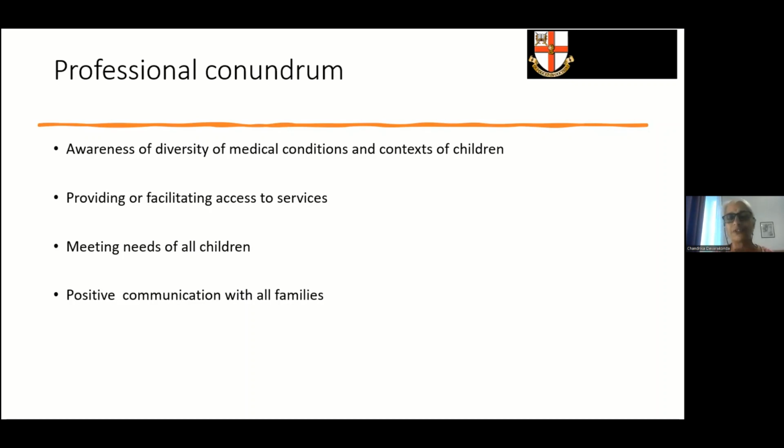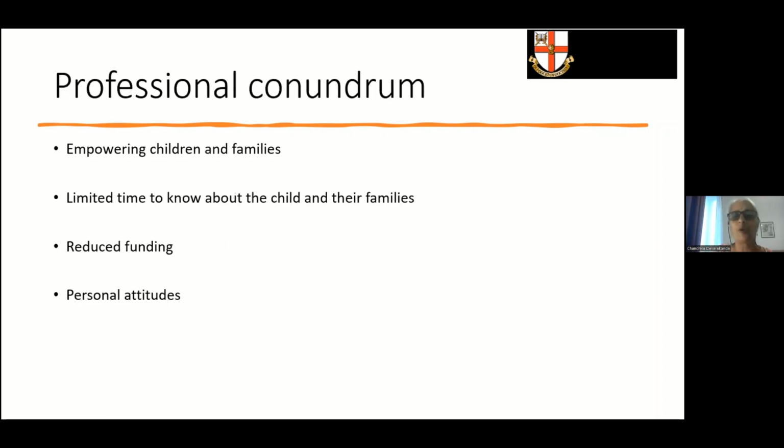I was going to use the word being proactive, but how much you can be proactive can be quite complex, I would say. And I'm a strong advocate of children and also the families. So how do we empower them in ensuring that their needs are met and they live a healthy life? That's important. And I did mention time and funding. Personal attitudes for me is very, very important.